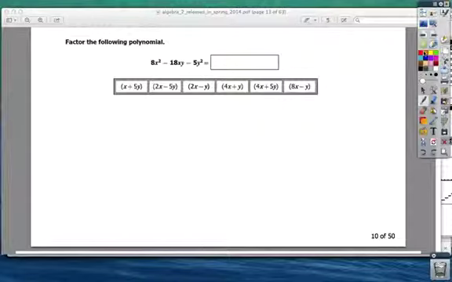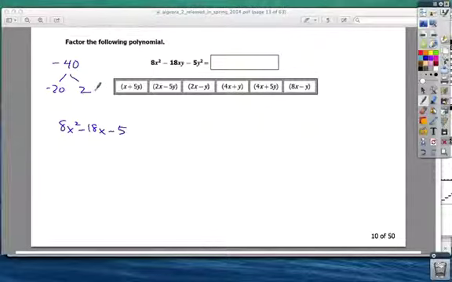So, you know, if this looked a little bit different, if you didn't have y's in there, it would look like this: 8x squared minus 18x minus 5. And then that would be one of those that you've got to go 8 times negative 5 is negative 40, right? What are the factors of negative 40 that add up to negative 18? Negative 20, positive 2, right?